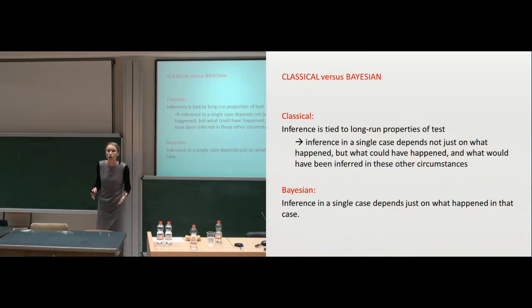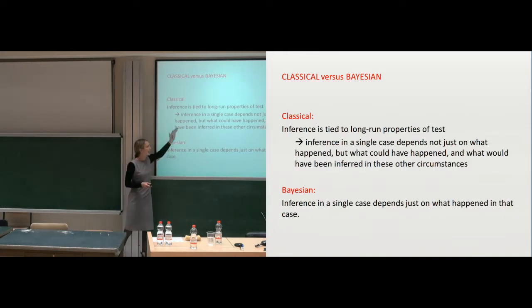They do when they're choosing experiments. Clinical trial experimenters care about properties of tests. But when it comes to inference itself, after you've actually got an outcome, only the outcome matters for the Bayesian. If you have the same outcome, you make the same inference. It's not dependent on the test.